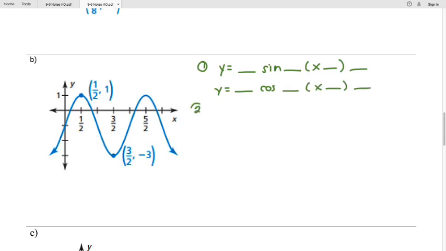Okay, step number 2 then, find the amplitude. So we take the max, we subtract the min, and we divide by 2. So our amplitude here is 2, and that is going to go right in front of sine and cosine. All right, step number 3 then, we're finding that shift, the vertical shift k.